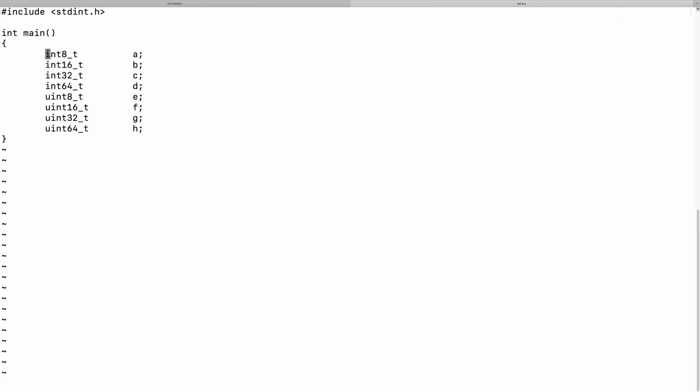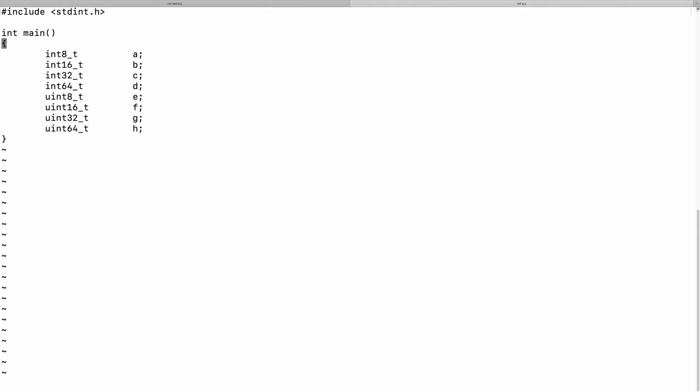So this one would typically be a signed char, signed short, signed int, and signed long. And then there are unsigned versions for the respective types. These types are not compulsory to be present in the compiler, not the compiler, but in the standard library.